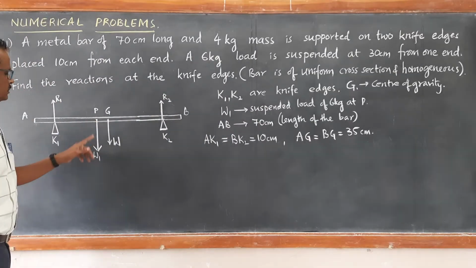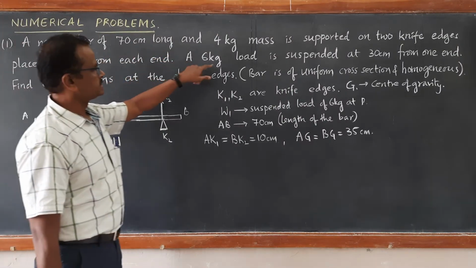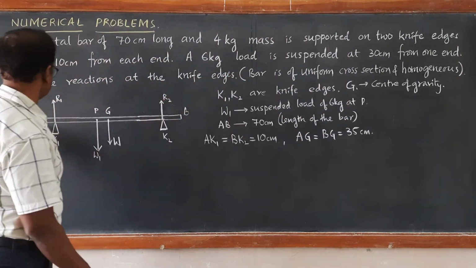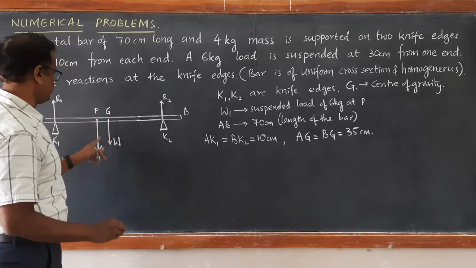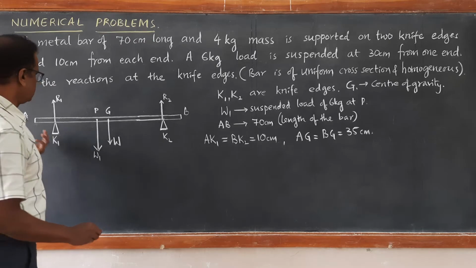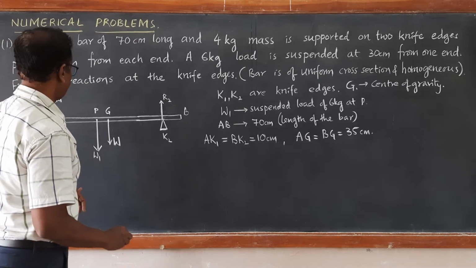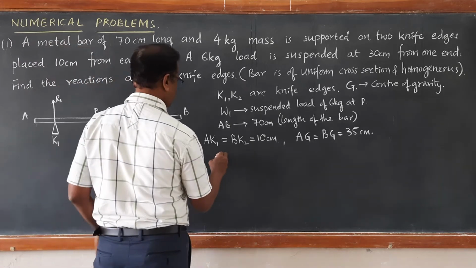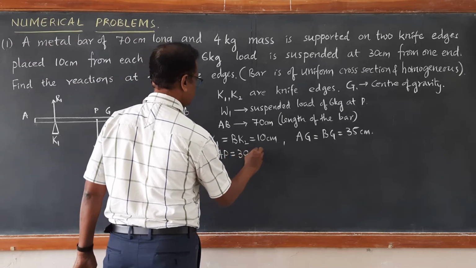Then the 6 kg load is suspended at 30 centimeter from end A. So AP, P is the position of the additional load, AP is 30 centimeter. So we'll write AP equal to 30 centimeter.